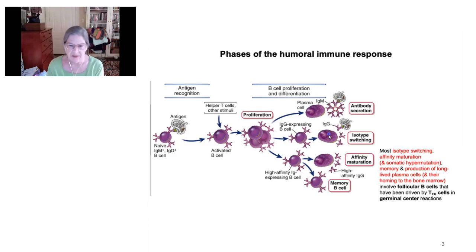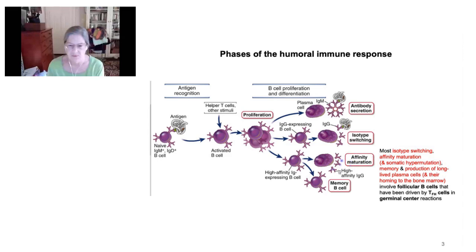Another thing that will happen in a germinal center reaction is affinity maturation, where the weaker binding B cells will drop out, and B cells with the higher affinity antibodies will predominate, and therefore the overall serum antibody response will have a higher overall affinity or avidity for the antigen.